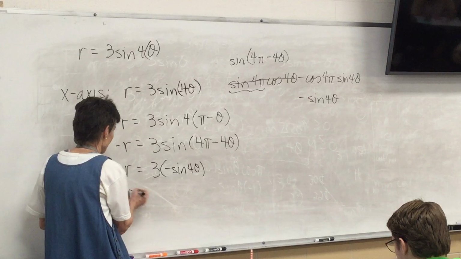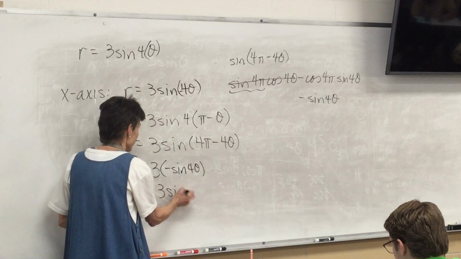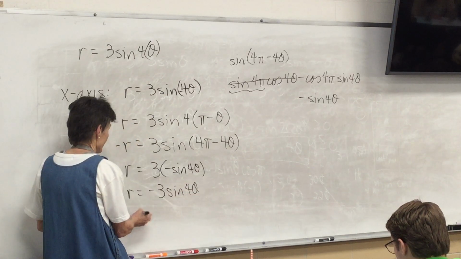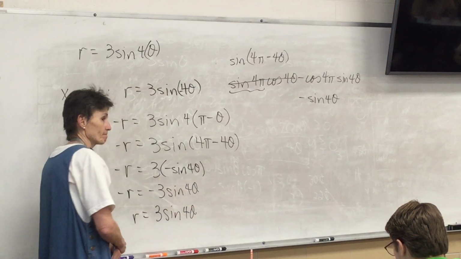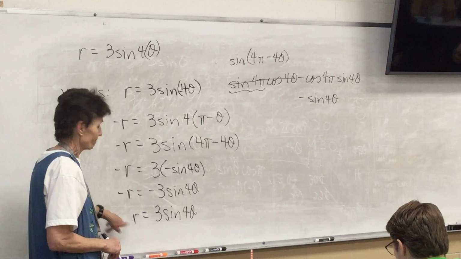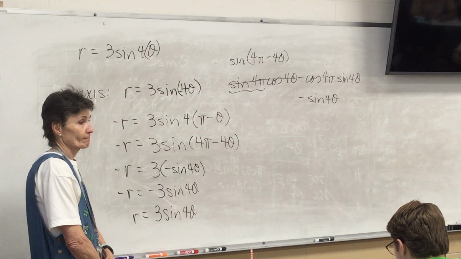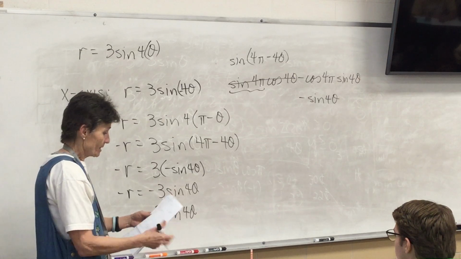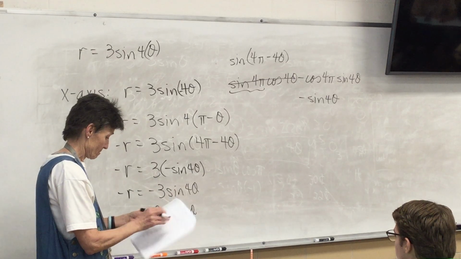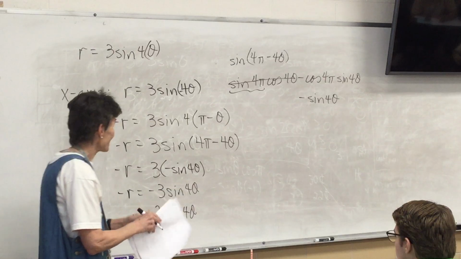Isn't that negative 3 sine 4 theta? And the negatives cancel. Do I have symmetry about the x-axis? I do. Awesome. Now I get to do it again for the y-axis.